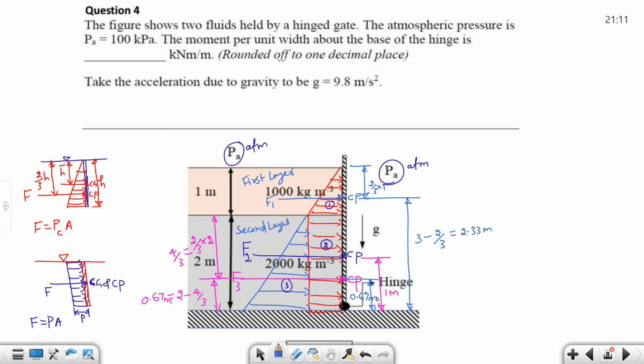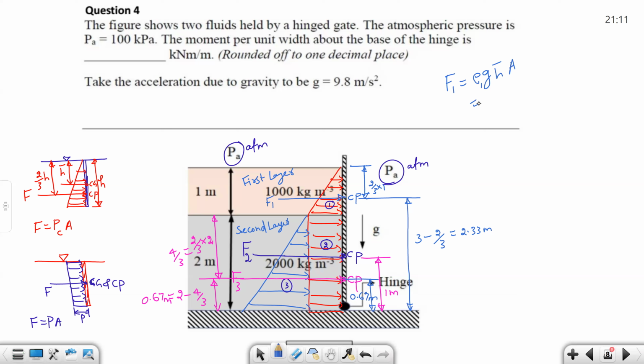Okay, so now we need F1, F2, F3. So what is F1? F1 is equal to rho g, for the first layer, rho 1 g into h bar into area.